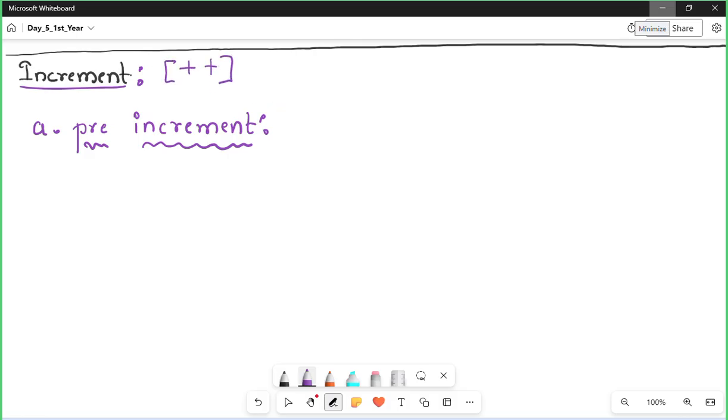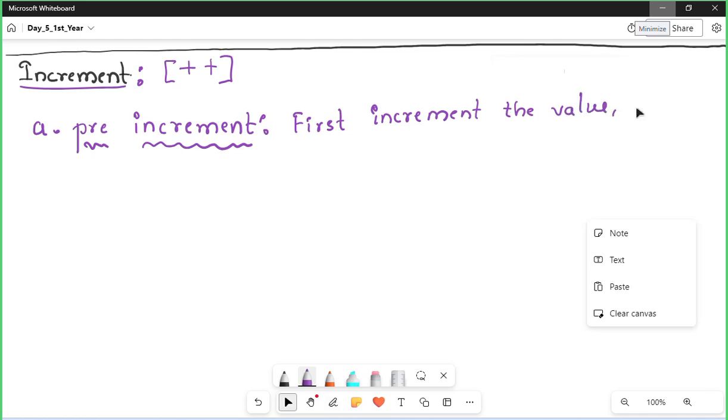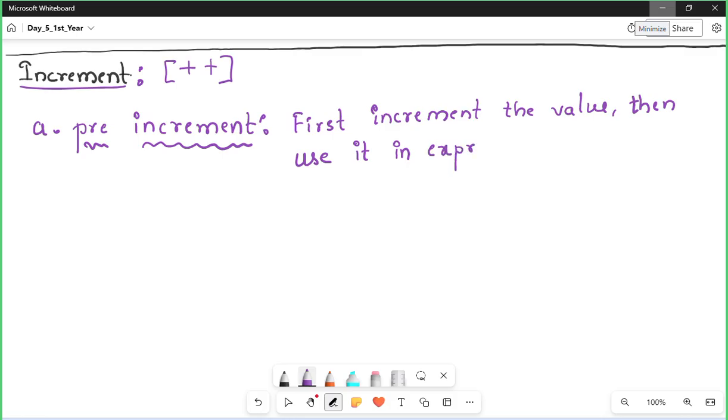First increment the value, and then use it in the expression.